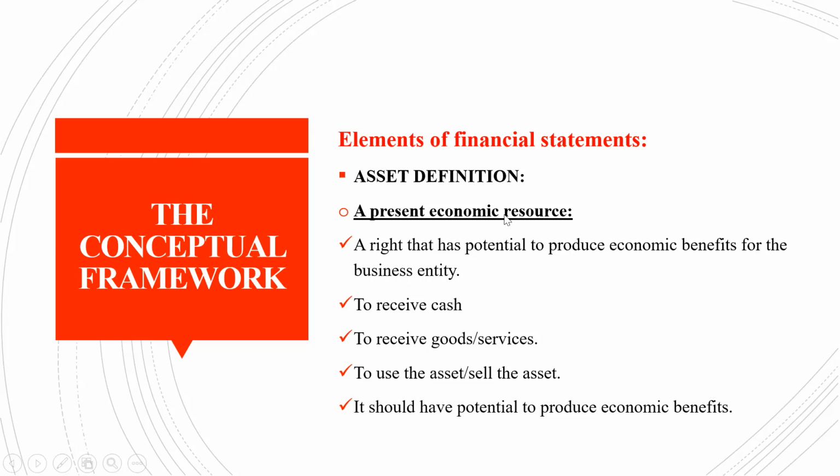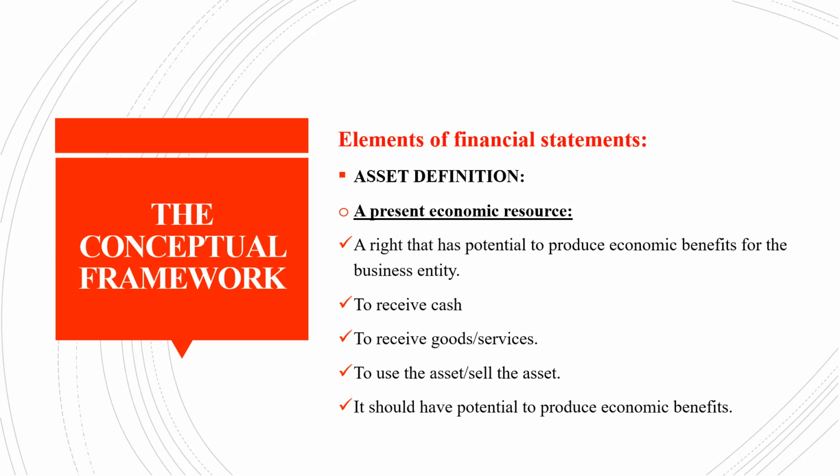If it's an economic resource, it has to produce something to the benefit of the organization. But for you to have the benefit, first of all, you must be given the eligibility or the right to exercise in order to produce economic benefits. So if we see that there's an element of a right or a resource that the organization has been allowed to exercise, then we know that we're probably dealing with an asset.